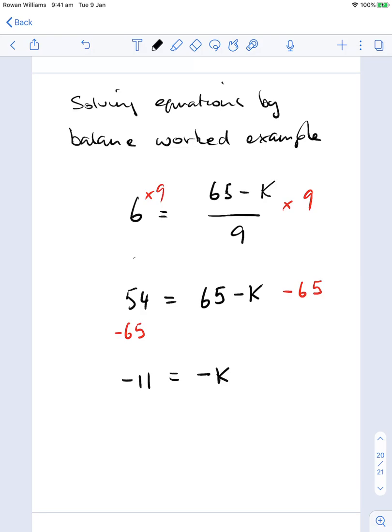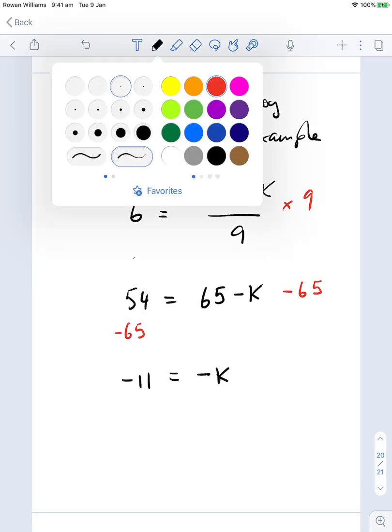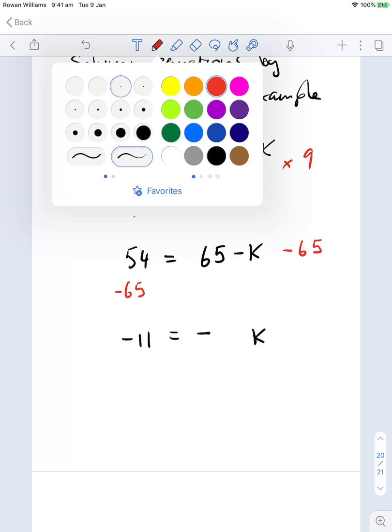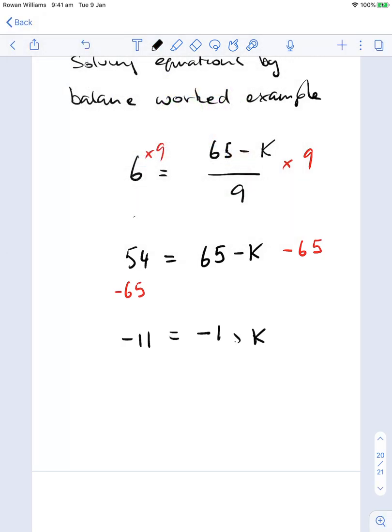My final step here is that, because I don't want minus k, I want to know what positive k is. So I can really consider minus k as minus 1 times by k. And I want to now get rid of that minus 1.